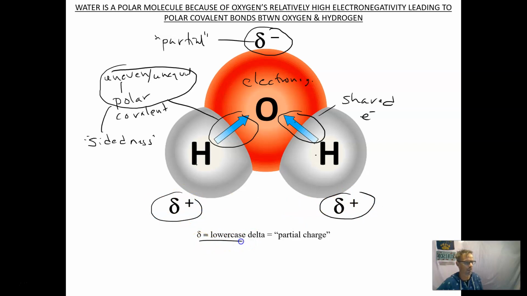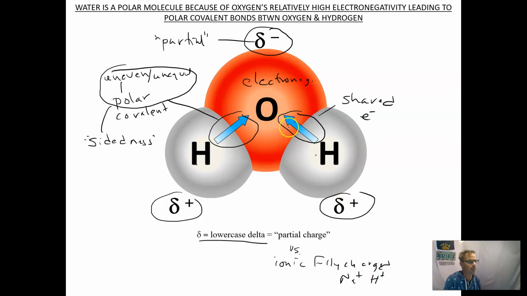Oh no, I have it down here. It's a lowercase delta, and this partial charge you contrast with something that is totally ionic or fully charged, say something like a sodium ion or a proton, where there wouldn't necessarily be a covalent bond formed.